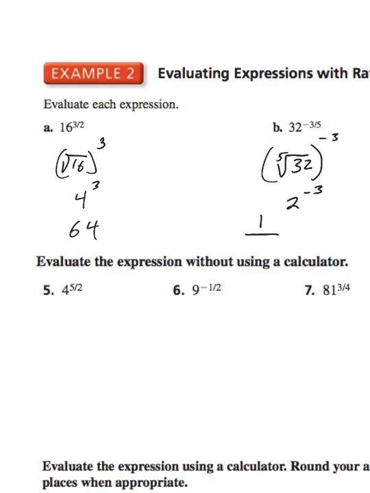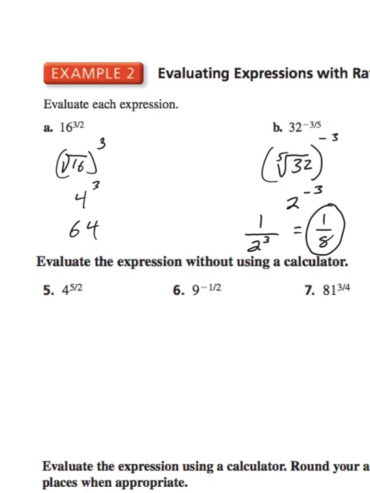If you remember, it depends, and oftentimes they'll ask you to write the answer as a positive exponent. I would rather you didn't, because what is this actually equal to? 1/8, right?